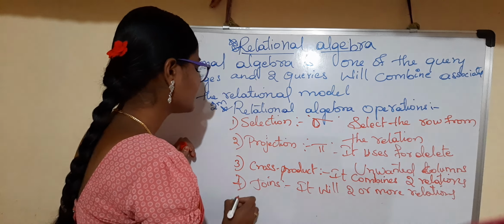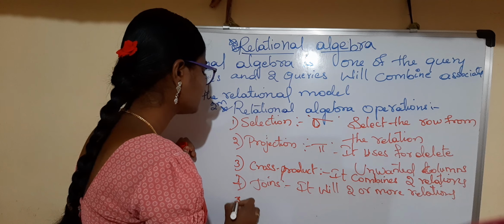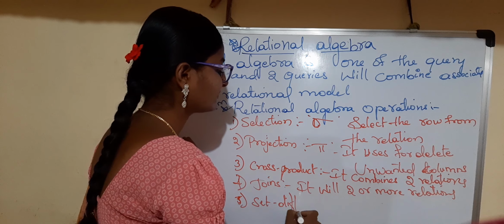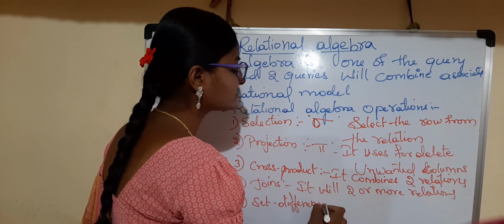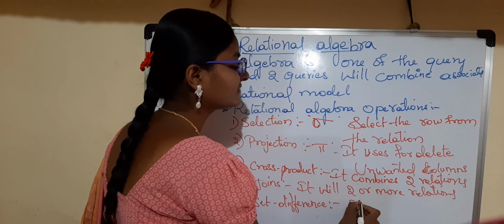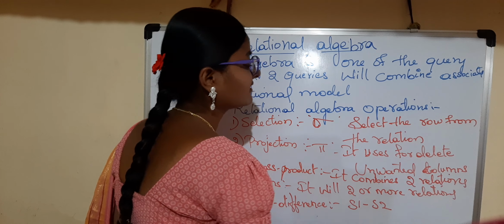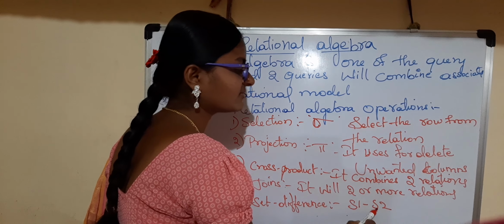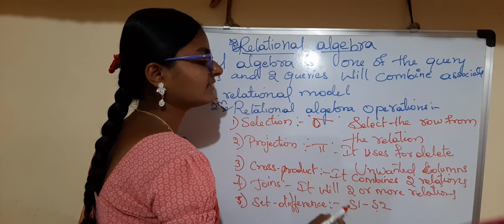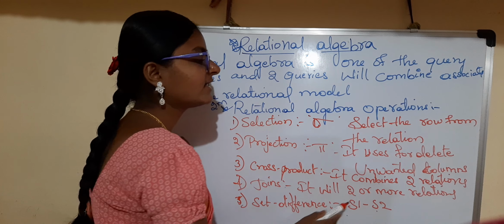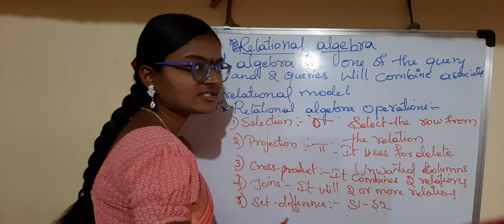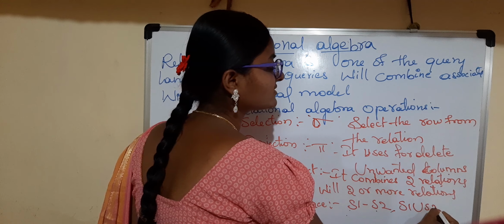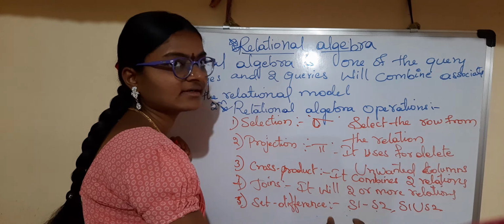Next is the set difference. Set difference is used with S1 and S2. If you want to delete any column or row from this relation, we will use this. And S1 union S2 is there. It joins here.